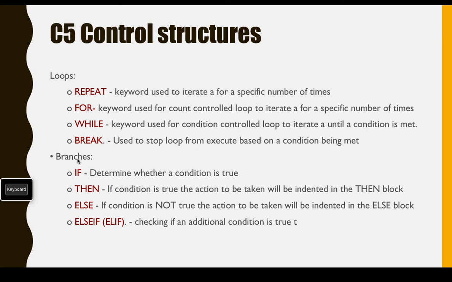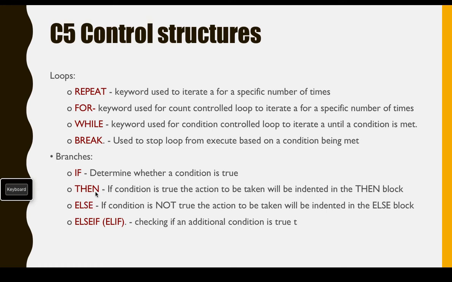The other thing we can have is branches. A branch is basically like saying if this particular thing happens, go a different route. You might have heard of branching stories. Think about that when we think about if statements. If a condition is met, as in it's true, then take this block of action.